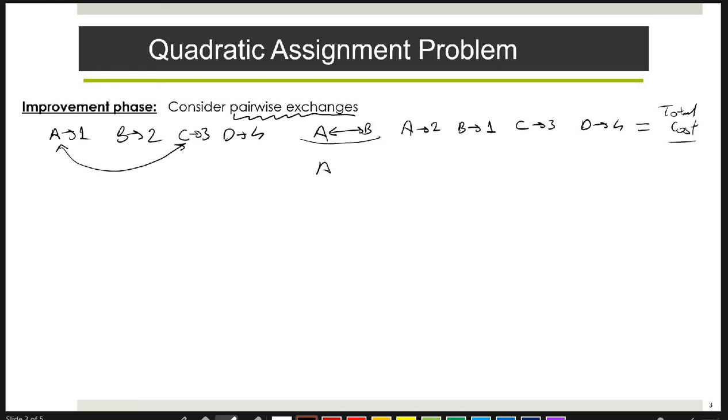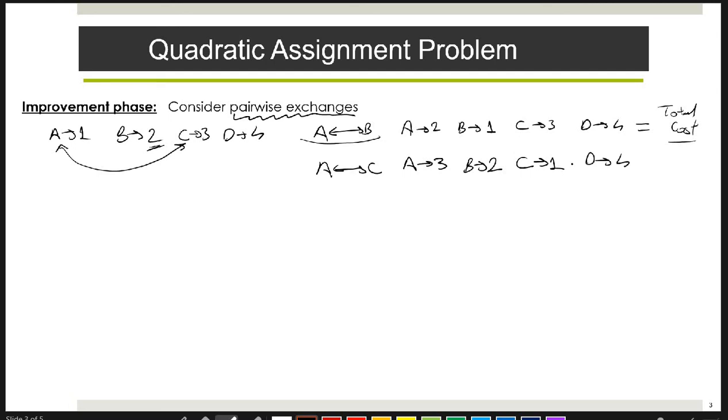And if we replace A and C, then the solution will be something like this. A is located to 3, which is the initial previous location of C. B remains in its current location, which was 2. C is replaced with A, so now it is in 1, and D still remains the same.